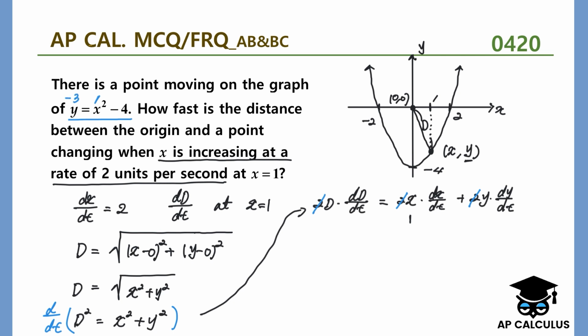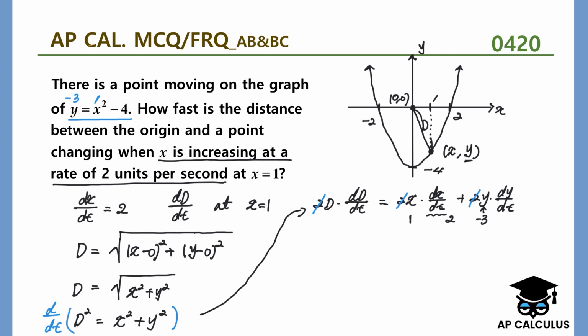So y is -3 here, right? Okay, dx over dt is given, this value is 2, right? Then what is dy over dt? It is not given, right? So we have to find dy over dt from this equation right here.